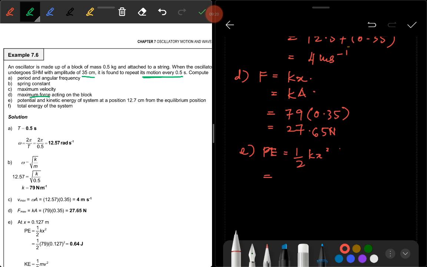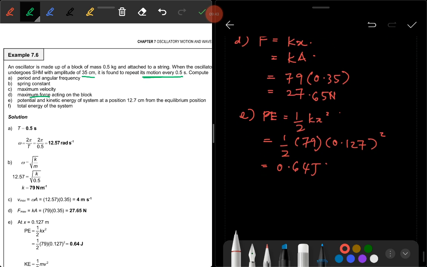I just substitute the value of x: 79, and then x is 0.127, squared. When you calculate this, you will get 0.64 joule.